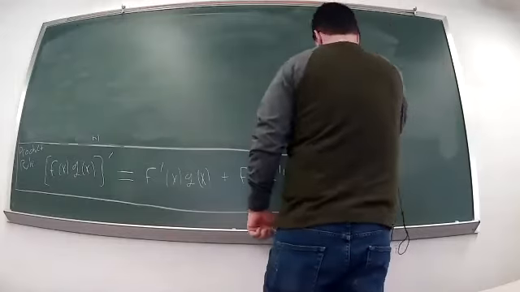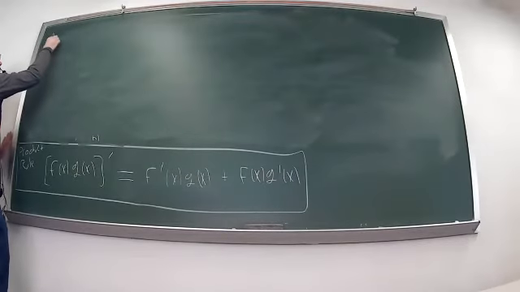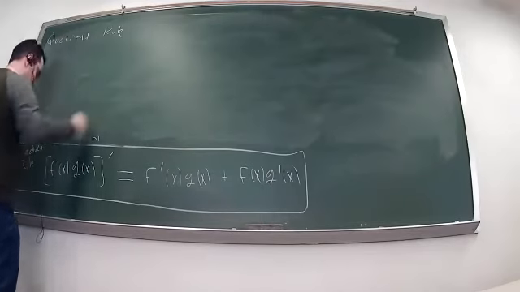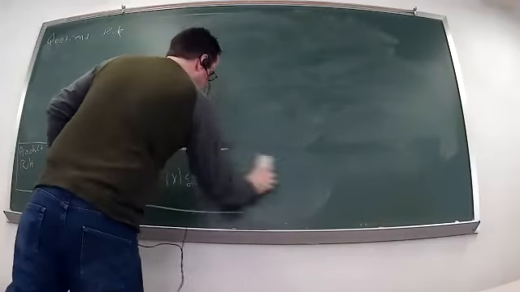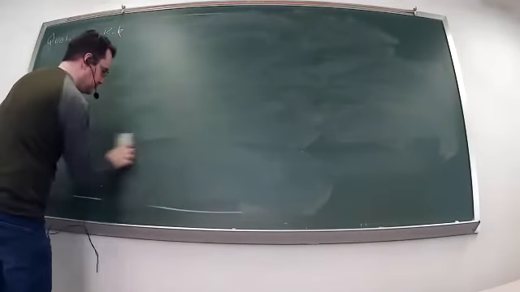So I promised we should also talk about the quotient rule. And so here it is. The quotient rule tells you how to take the derivative of a quotient of two functions.